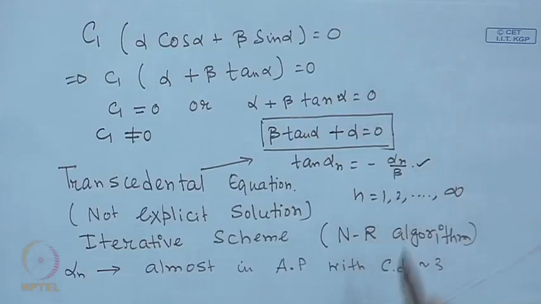With that guess you get the next root of this transcendental equation. Then you give the third guess as the solution of the second eigenvalue plus 3, since the common difference is about 3.